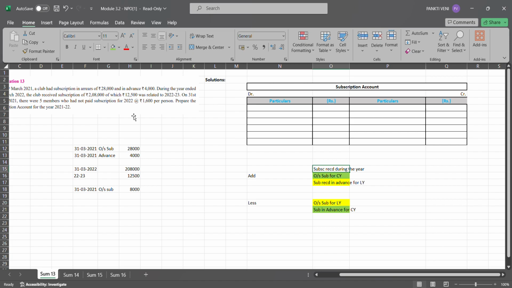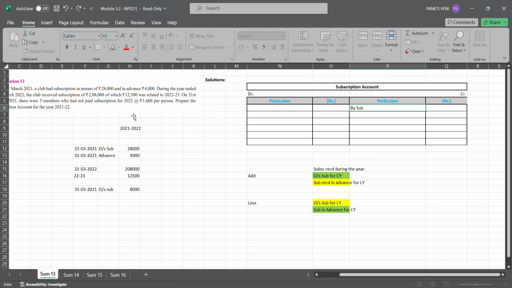If I follow this, my current year is 21-22. So whatever amount I have received, let me note down that amount on the credit side.